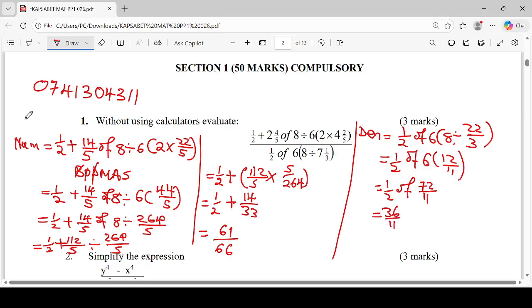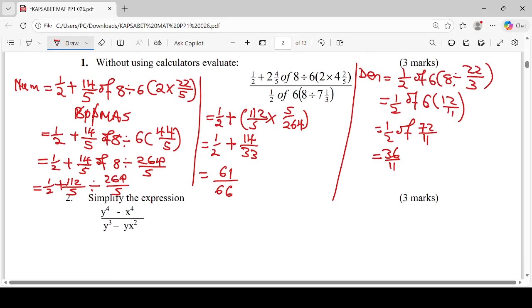Now remember, we normally have this as numerator divided by denominator. So our numerator is 61 over 66 being divided by the denominator, which is 36 over 11. So this will become 61 over 66 multiplied by 11 over 36.